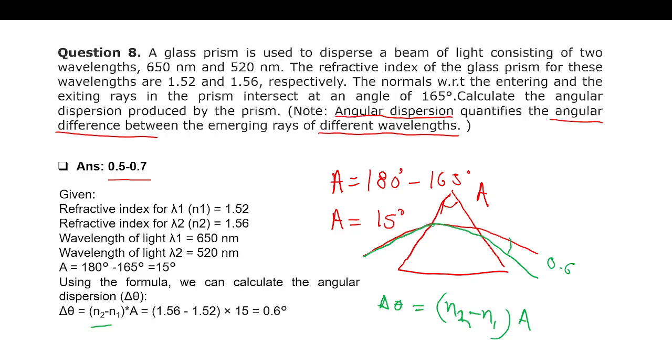So according to this, you need to multiply with 15. So 1.56 as is mentioned here. You don't need to write it this way. This you can follow. Okay. So you'll get the 0.6 degree of the angular dispersion by the prism. Understood?